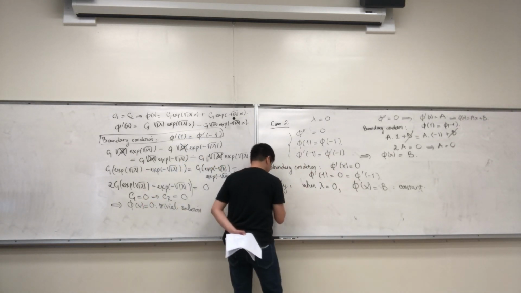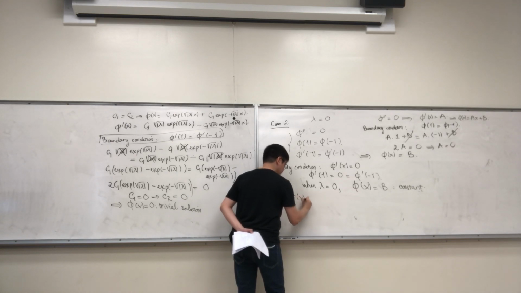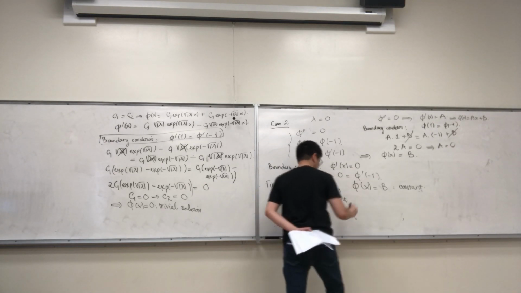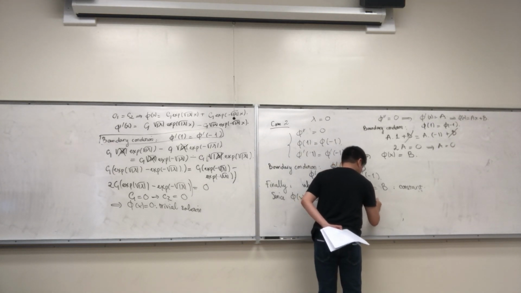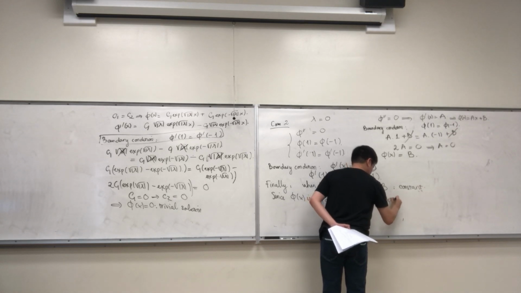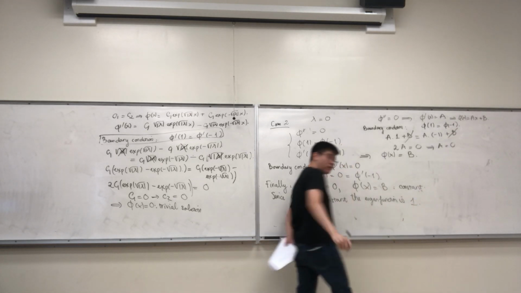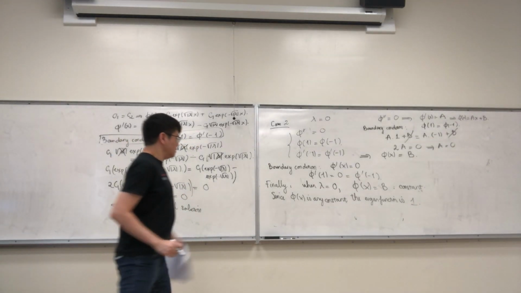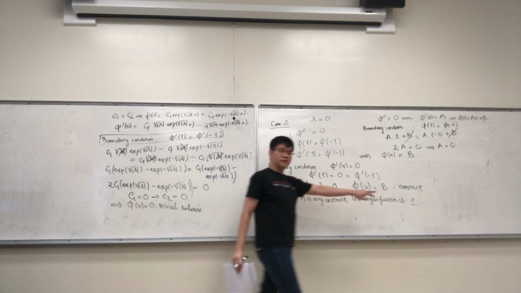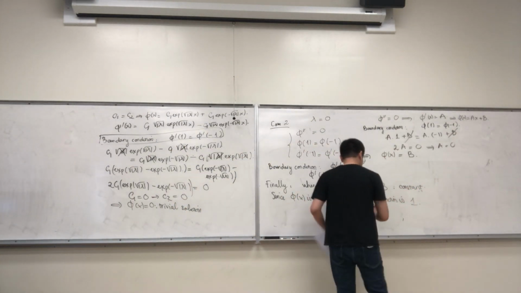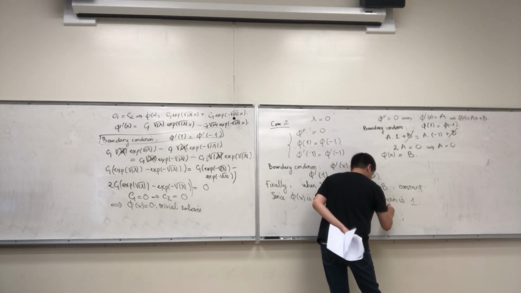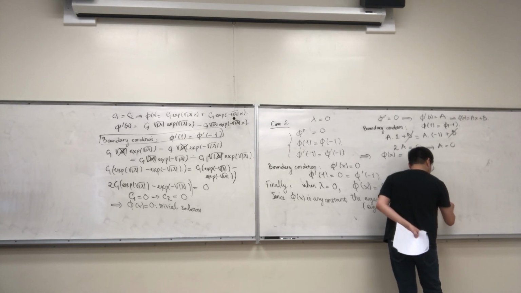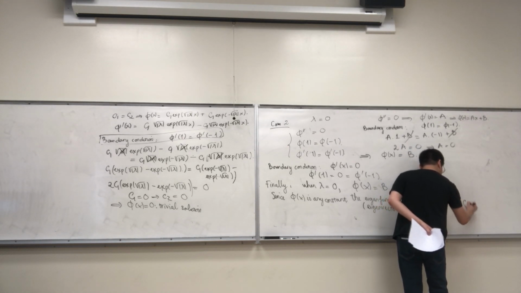So since phi of x is any constant, the eigenfunction is 1. All right? So in the basis, you can remove all of the constants. So in this case, the eigenfunction is 1, or the eigenvector, right? Eigenvector is 1, and the eigenvalue is 0. All right?